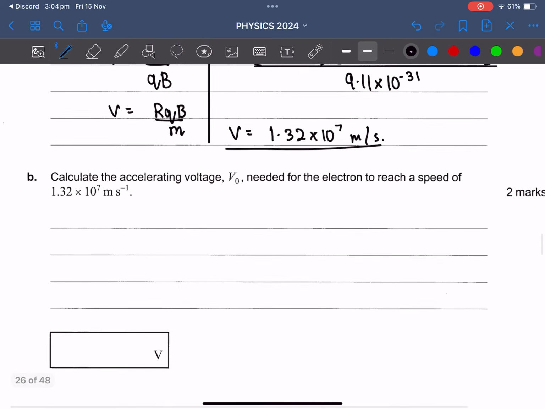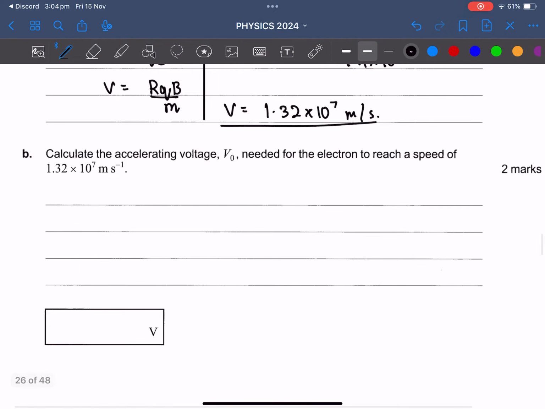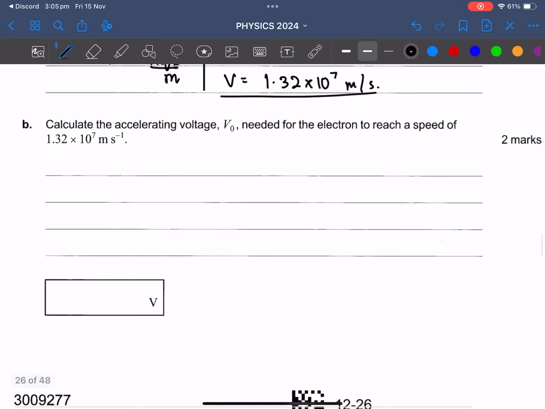Calculate the accelerating voltage needed for the electron to reach the speed of 1.32 times 10 to the 7. I guess we can use the work done. Work done is equal to half mv squared, which is also equal to q times the voltage.